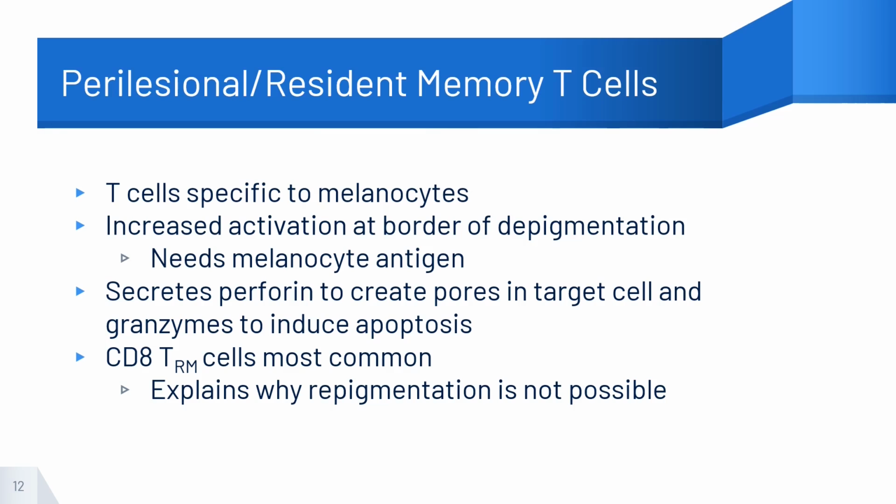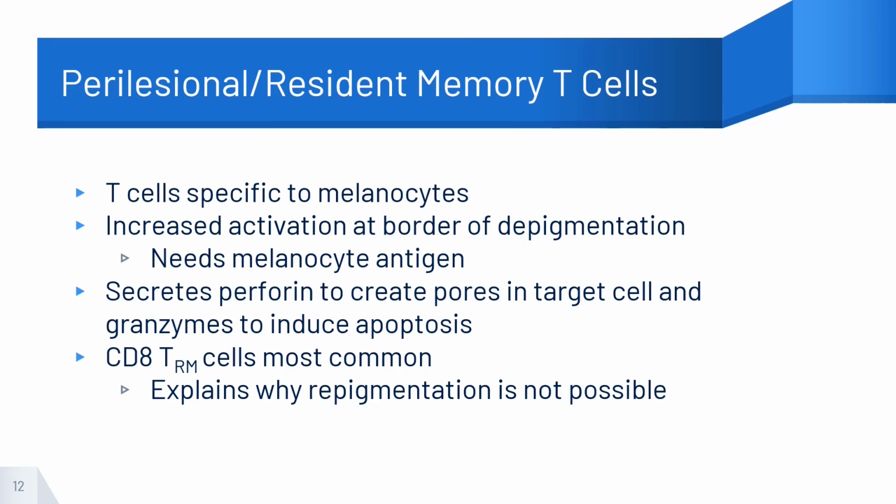In order to form an immune response against the pigment, they're going to need a melanocyte antigen presented to them, such as on MHC1. And so once this happens, they're going to secrete perforin in order to create pores in those melanocyte cells. And they're also going to produce granzymes, which will then enter through those pores created by the perforin, and they are going to induce apoptosis in those cells.